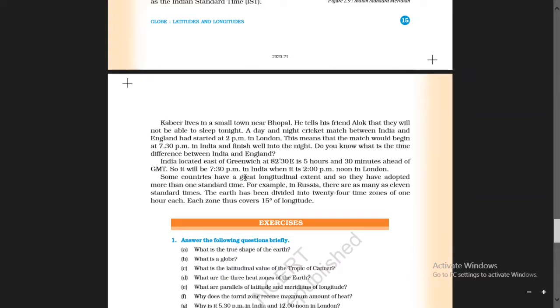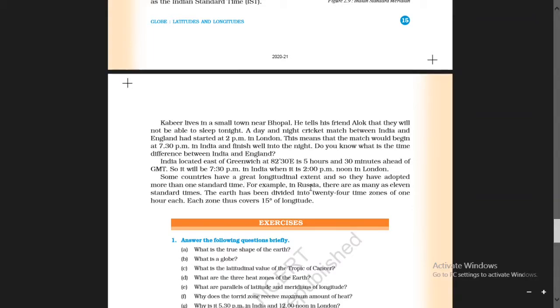Some countries have a great longitudinal extent and so they have adopted more than one standard time. See, some countries have a great longitudinal extent. That's why they have adopted more than one standard time.